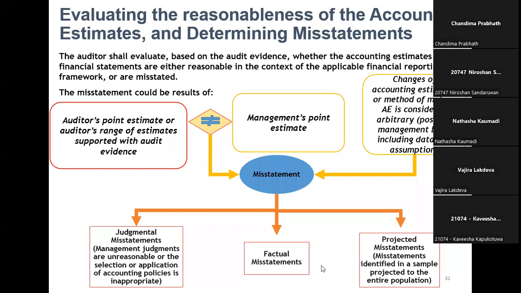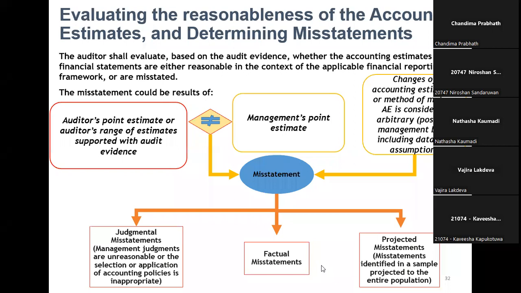We have concluded that the 10 million should be 9 million, which means the sample value is overstated by 1 million. The sample value should be 9 million, but as per the inventory report it is stated at 10 million. So there is a 1 million misstatement; the sample is overstated by LKR 1 million. That is a factual misstatement, because you have selected the sample and performed testing, and you have noted that it is overstated by 1 million.